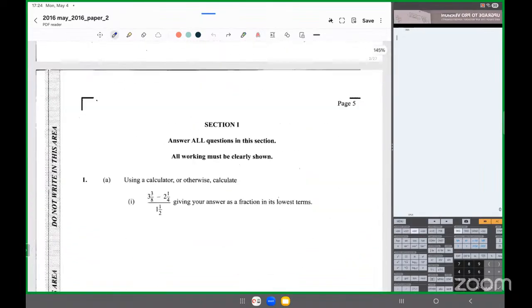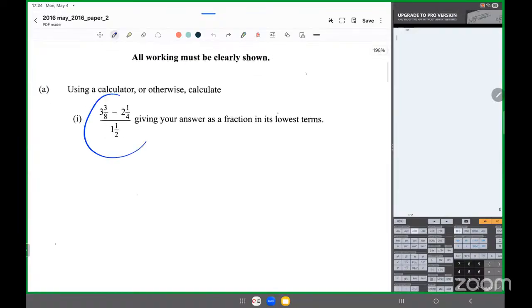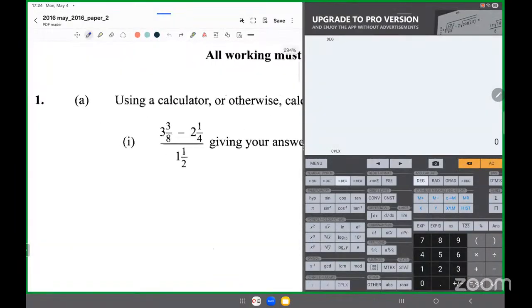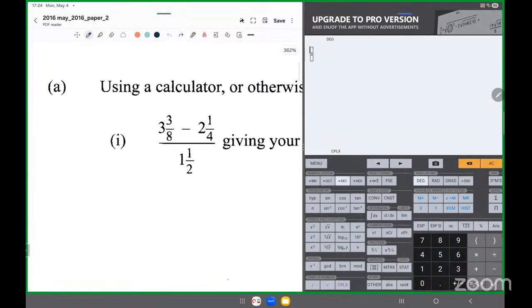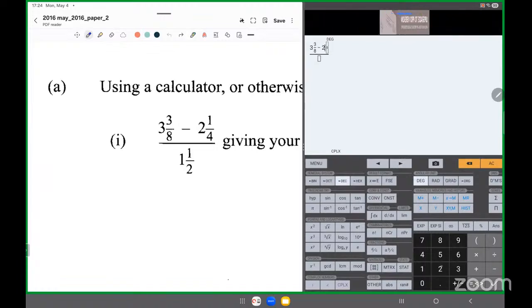All right, so the first question here is to calculate this with a calculator and leave the answer as a fraction in lowest form. So that's a 3-mark question. Let's type this in the calculator properly. The fraction starting out with a mixed number, 3 and 3/8. Then we're subtracting another mixed number, 2 1/4.